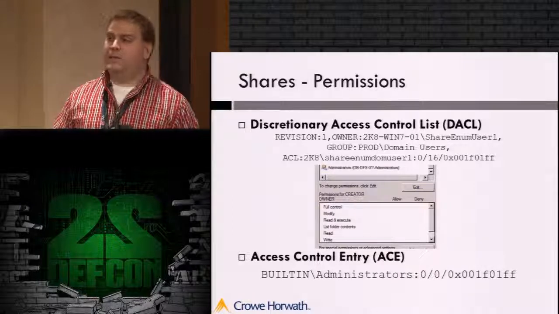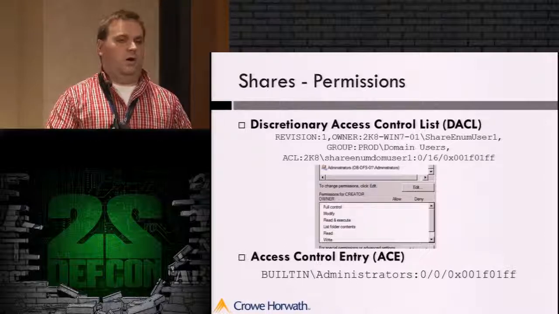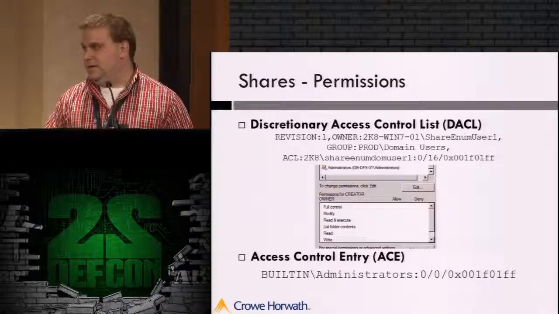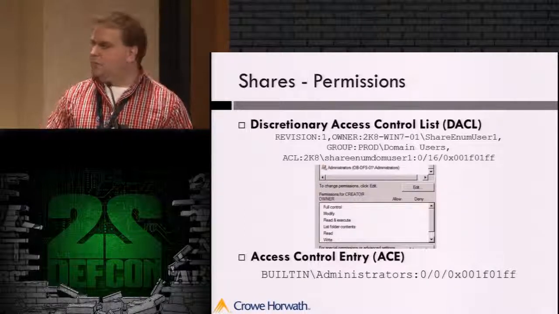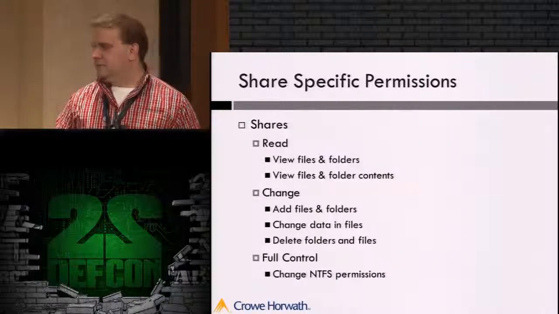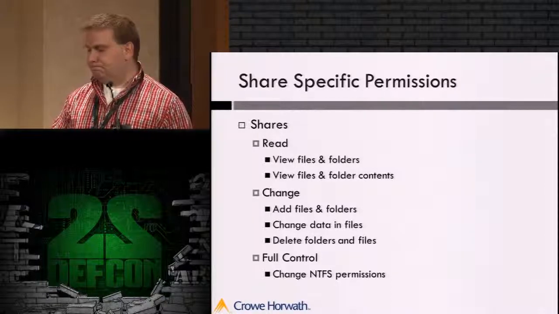Now what's important is the way this works is unified across all of the different types of objects that Microsoft keeps permissions for. The individual items within may change a little bit, but not necessarily beyond the specification.